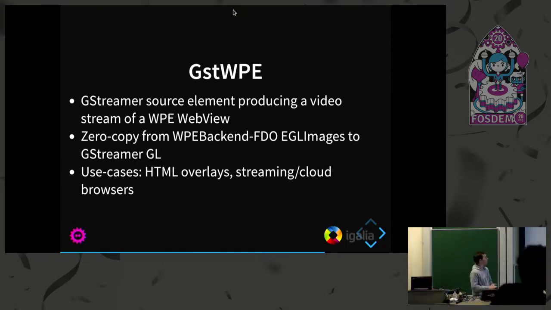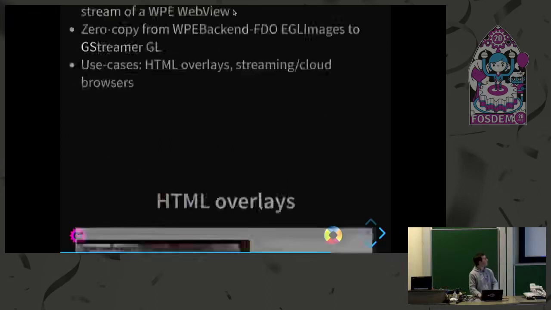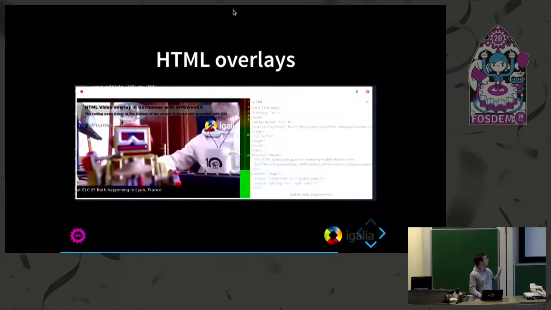And it's quite cool because we have zero copy from the WebKit world into the GStreamer world using the shared GL context. So there are no memory copies in there. And the use cases, as I said, are HTML overlays and streaming browsers. So that's a demo I wrote.